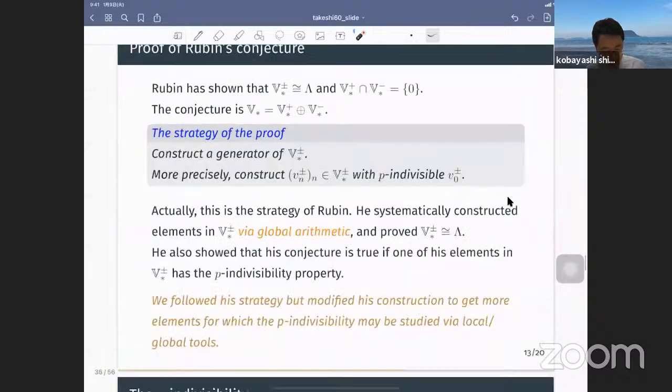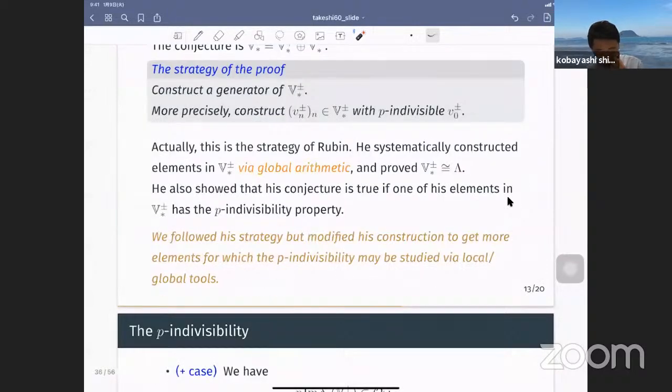And we followed his strategy, but modified his construction to get more elements for which the p-indivisibility may be studied via local-global tools. So actually, Rubin only used global objects like elliptic units and Heegner points.